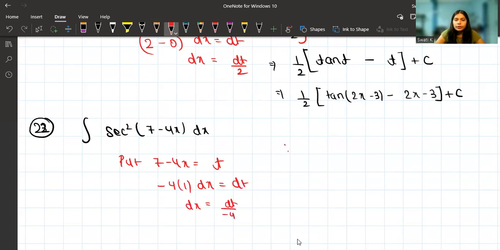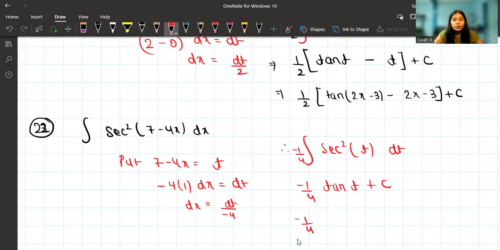So therefore you can write down your question as sec square 7 minus 4x as t, so sec square t, dx is dt upon minus 4, so I'm writing that outside. Now this is minus 1 upon 4. Integration of sec square x has a formula tan x. So it is tan t, and then of course plus constant of integration. Make sure whatever formula you are using while doing integration questions, you are writing on the side.